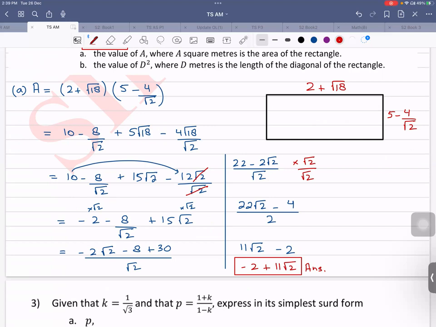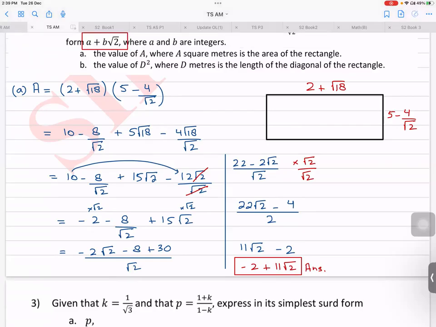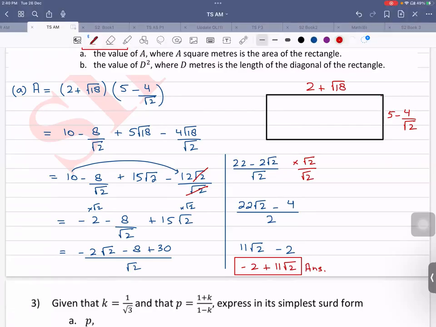Second part of the question. The value of d square where d meters is the length of the diagonal. So how can we find d square?